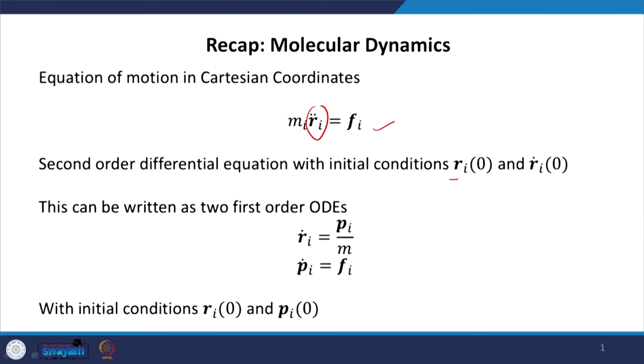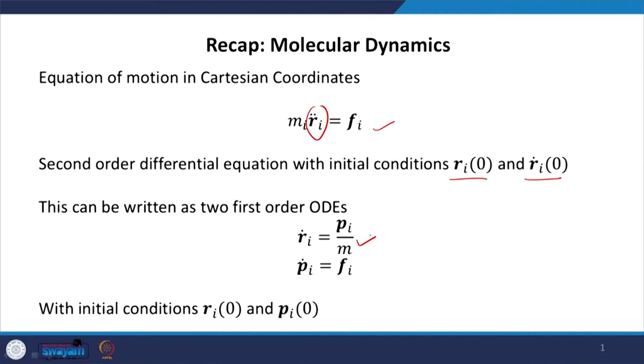So we need two initial conditions for the position and the velocity at time t equal to 0. And we discussed that we can write it as two first order ordinary differential equations, one for the definition of momenta and the other for Newton's laws of motion. That is essentially a re-representation of the equation of motion in terms of first order ordinary differential equations.